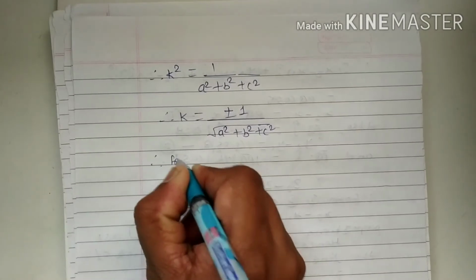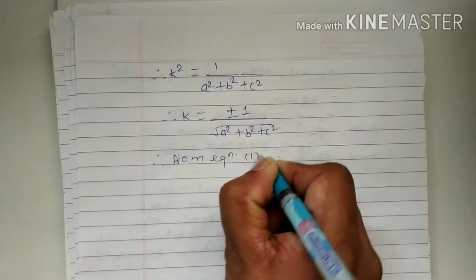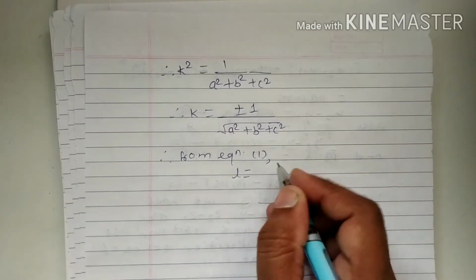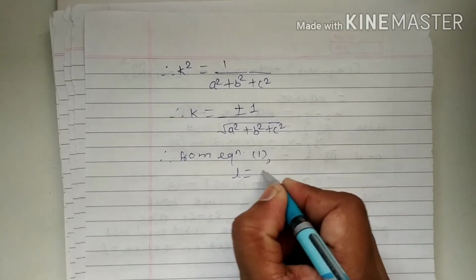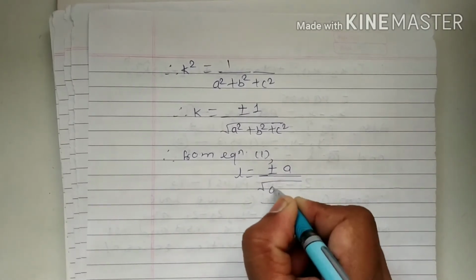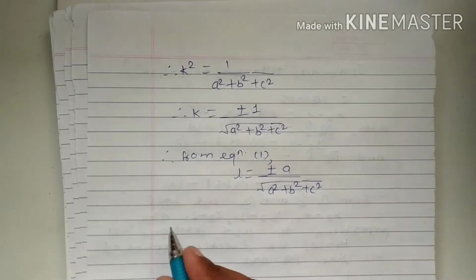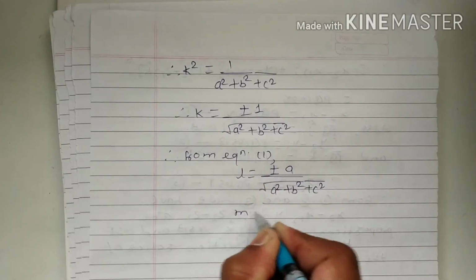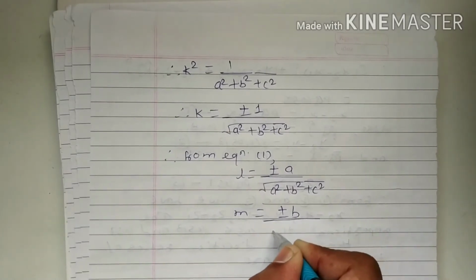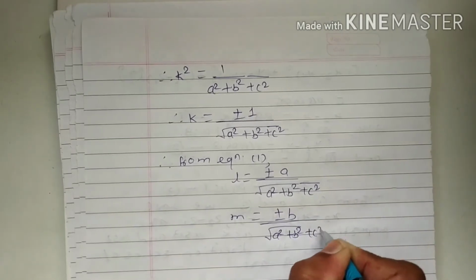Therefore, from equation 1 we write the value of l is equal to plus or minus a divided by under root a square plus b square plus c square. Then the value of m is equal to plus or minus b divided by under root a square plus b square plus c square.